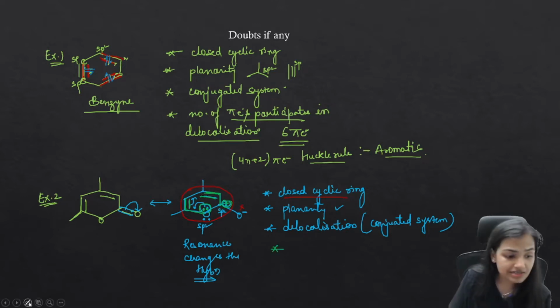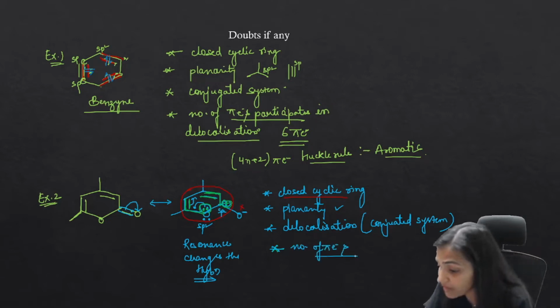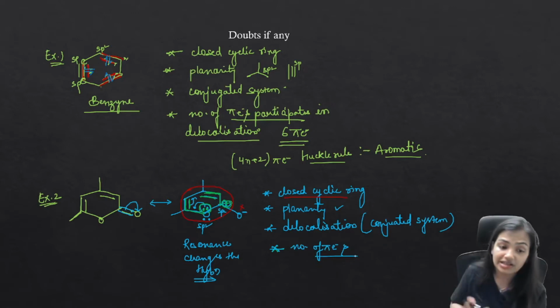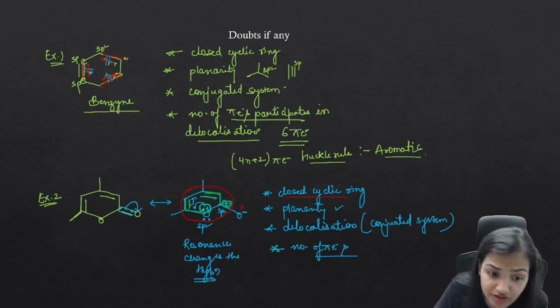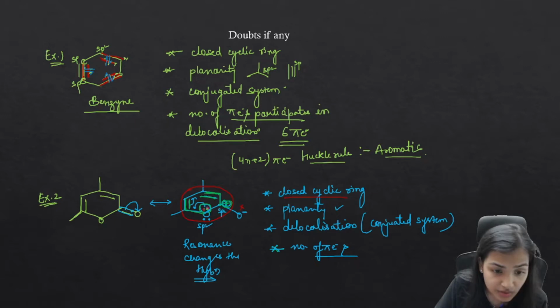Now the last point that we have to focus on here is the number of pi electrons. Would anybody tell me how many pi electrons are participating in delocalization? See, over the oxygen we have these two lone pairs of electrons, two electrons, two more electrons and these two electrons.